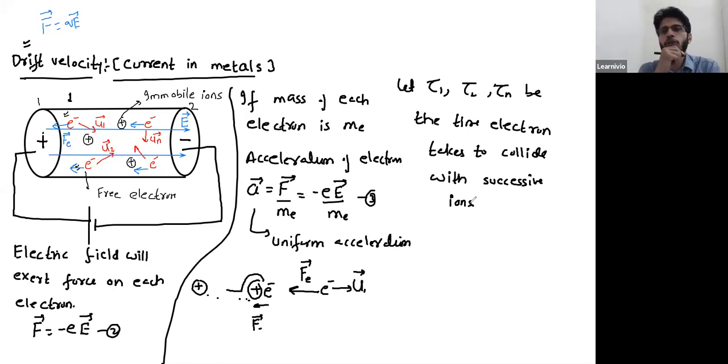So the time which an electron takes to collide with two successive ions is known as relaxation time. These are tau 1, tau 2 and tau n. Are these time intervals clear?